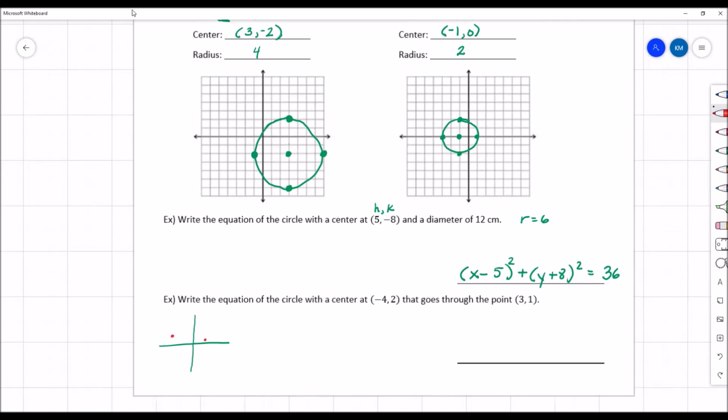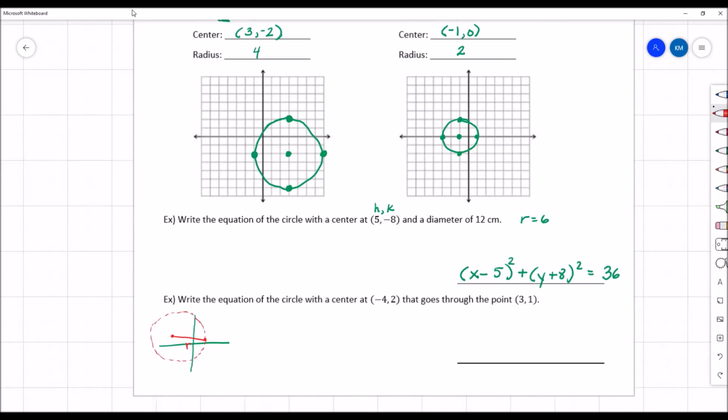What we're really looking for, and understand that from the center to the side, if we know it goes through this point, this line is our radius. We want to know the distance of that radius because those are two things we need to know for a circle.